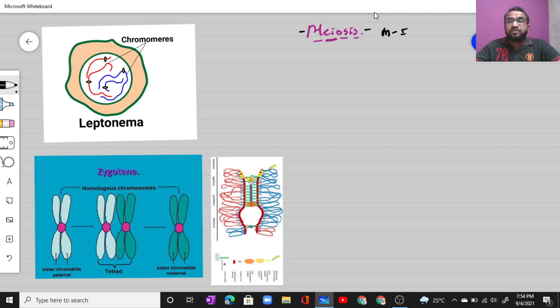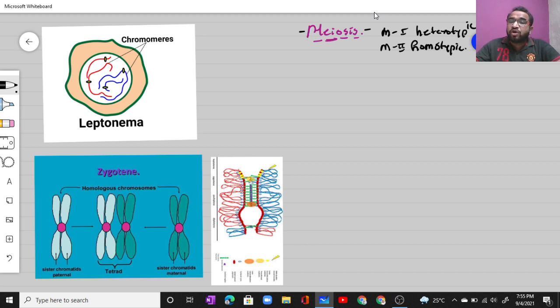Meiosis 1 is called the heterotypic division, and meiosis 2 is called the homotypic division. These are the different names given to meiosis 1 and meiosis 2.